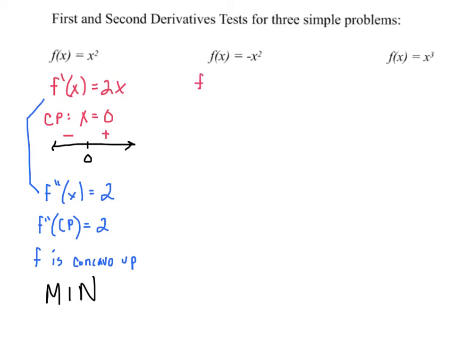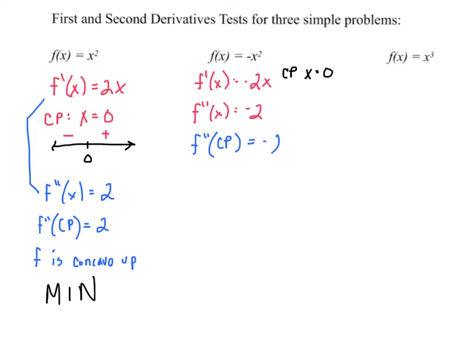F prime, of course, is negative 2x. So f double prime is negative 2. Now, of course, the critical point is once again 0. So if I plug that in, again, I'm just going to put critical point. I know that's silly. I should be putting 0, but for the sake of you remembering, that's what we're doing. We're evaluating at the critical point.